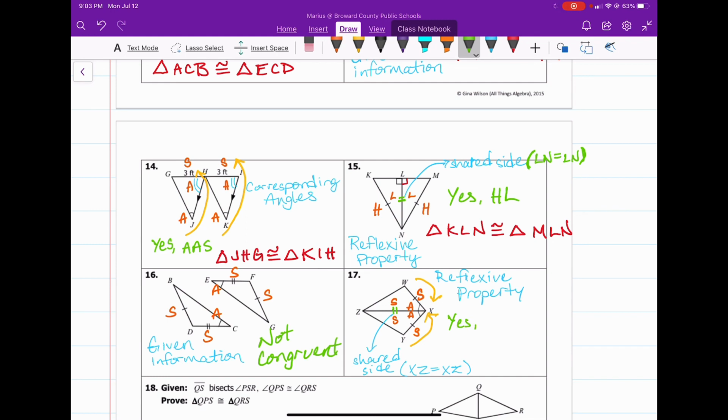Yes, they are congruent because of side, angle, side. And now we can go ahead and write our congruency statement. Triangle, I'm going to go for the one on the top, it's going to be WXZ is congruent to triangle YXZ.